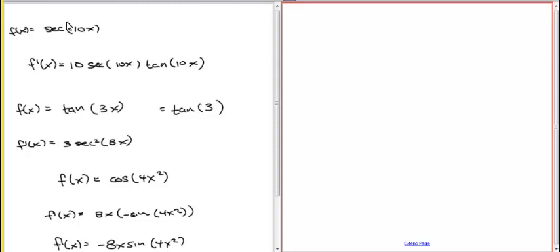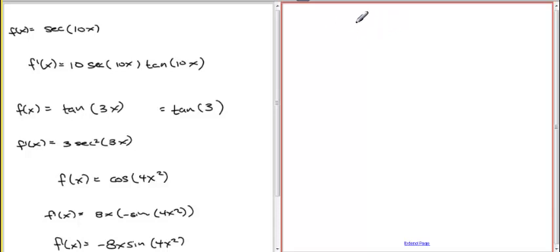So the other topic, besides just taking simple derivatives, is implicit differentiation. We did a whole sheet of that. The key thing here is how you handle the derivatives.